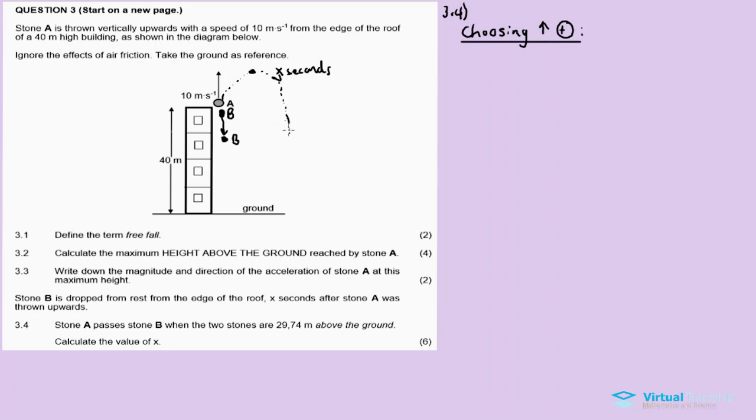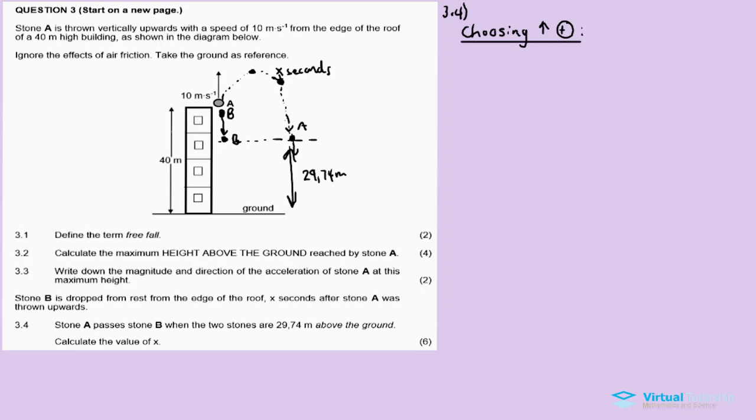After some time, stone A passes stone B. At this level they meet, A and B. Stone A passes stone B when the two stones are how many meters? 29.74 meters above the ground. Calculate the value of X, which is the time when B was being dropped.